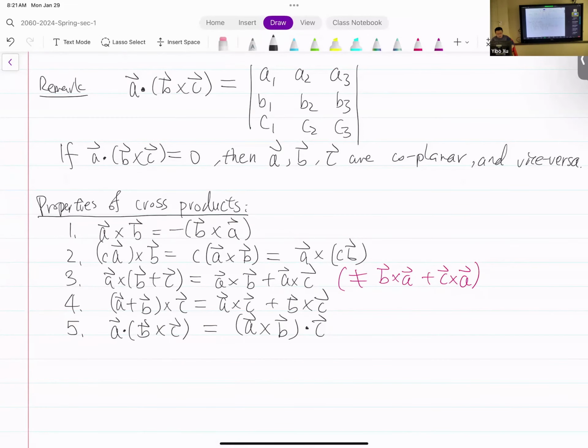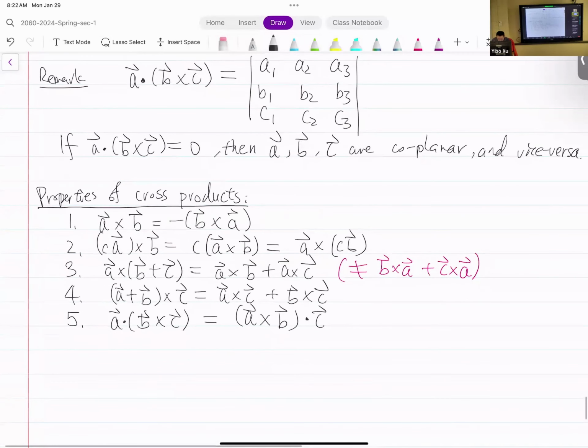For all these properties, I recommend you do it by yourself if you have the interest. Basically, just arithmetically write down the symbolic expressions for the left-hand side, and also do that for the right-hand side, and match whether they are the same or not.